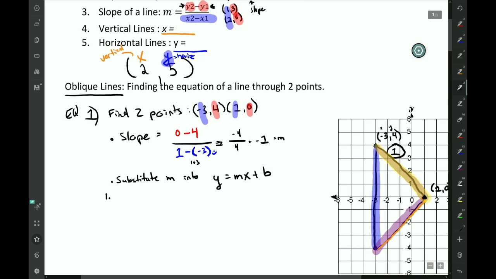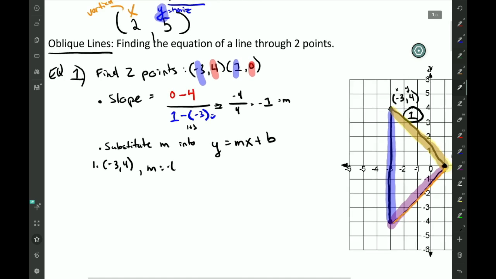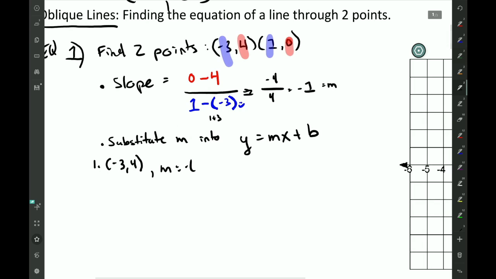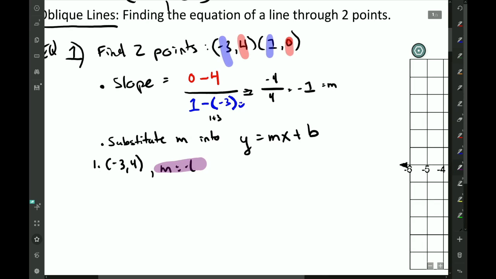So let's choose the coordinate -3, 4, and substitute that as well as m into the equation. So in our equation, y equals mx plus b, here is m, y is here, and x is in red. We'll try and stay with the same colors.